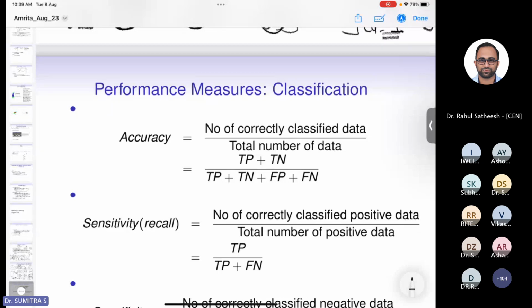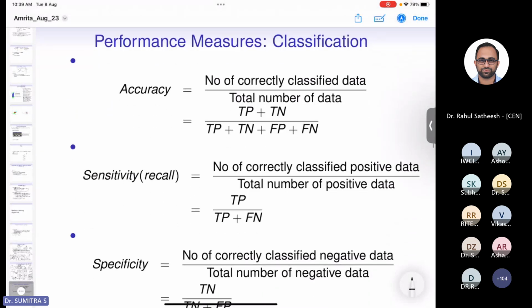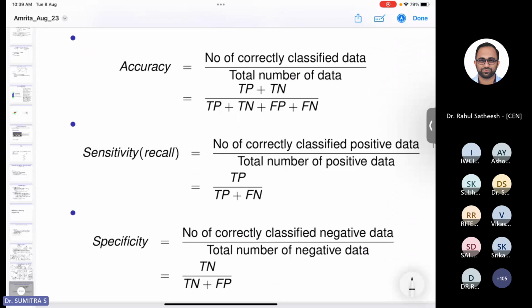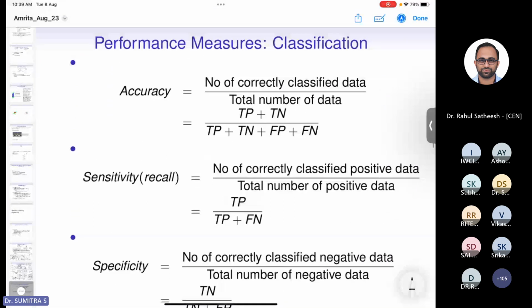Now, for classification, there are some performance measures which we use. One is accuracy. For example, we take XT1, XT2, XT3, XT4 and ask the model to predict the corresponding outputs. Then we compare these with YT1, YT2, YT3, YT4.